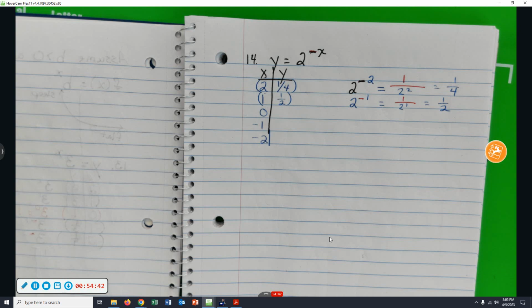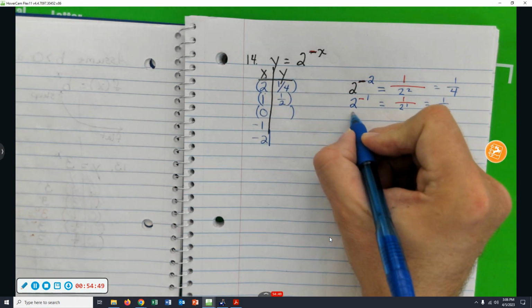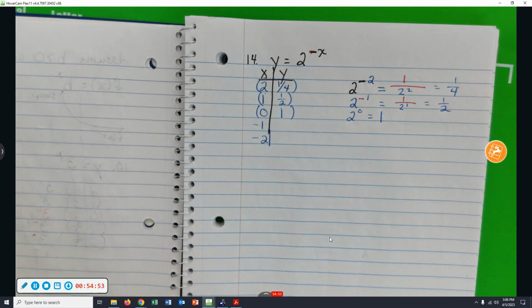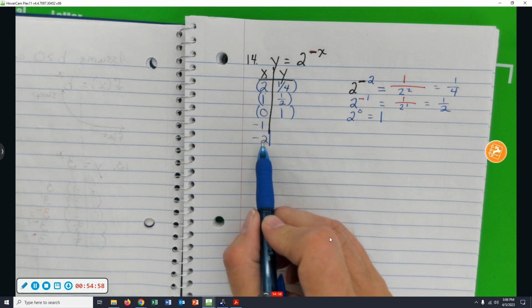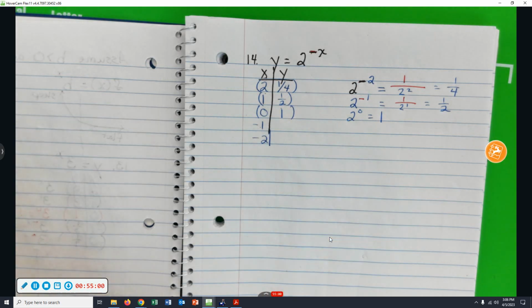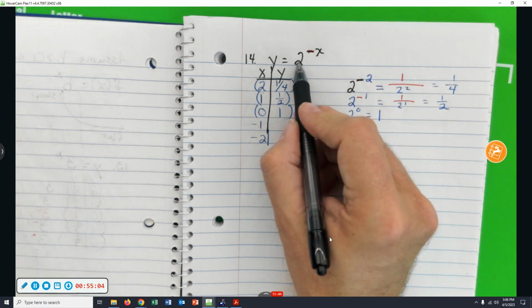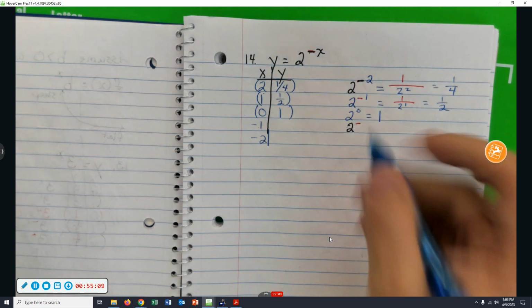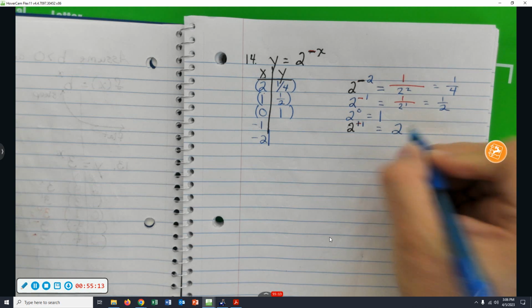Plugging in zero is easy. 2 to the 0 is 1. That's right, by definition 2 to the 0 exponent is 1. Now when we plug in a negative 1 and a negative 2, are we going to have any negative exponents? No. It's going to be 2 to the negative, so positive 1. 2 to the positive 1 is 2.